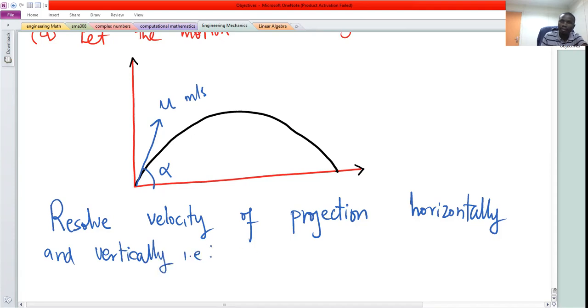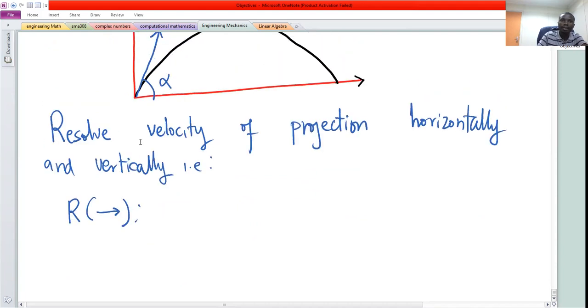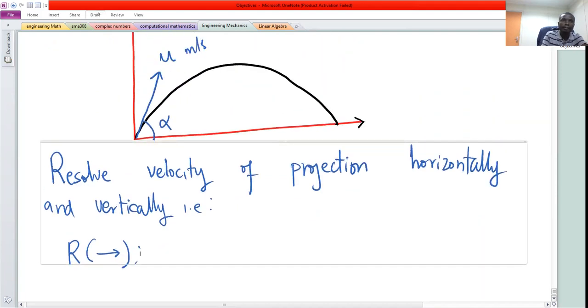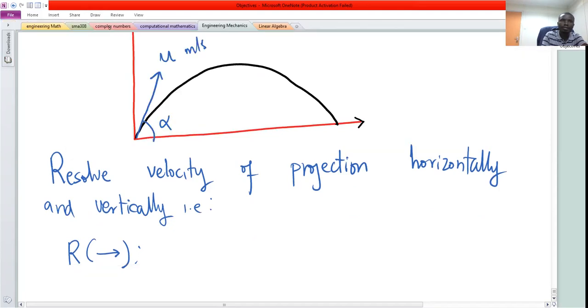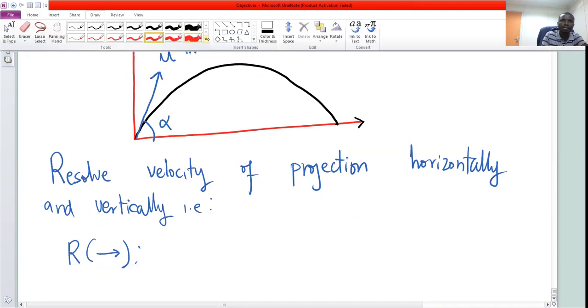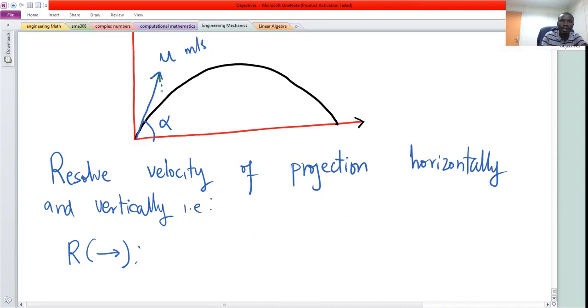From this diagram, the horizontal component of the velocity will be given by, draw a right angle triangle here. Call this one ux, call this vertical one uy.